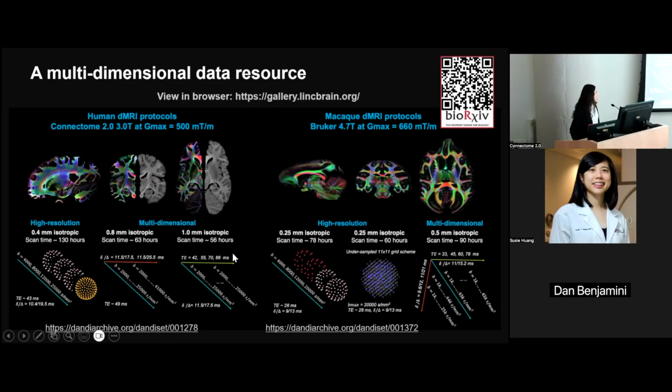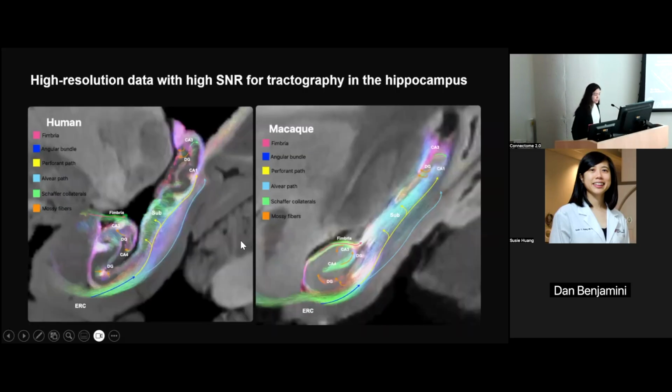So what I'm going to show next is a few analyses we have performed to demonstrate the quality of the data. For tractography, Chiara will later show more detailed analysis, and here I'll just give you an example of the tractography in the hippocampus, this small, anatomically complex structure deep inside the brain.